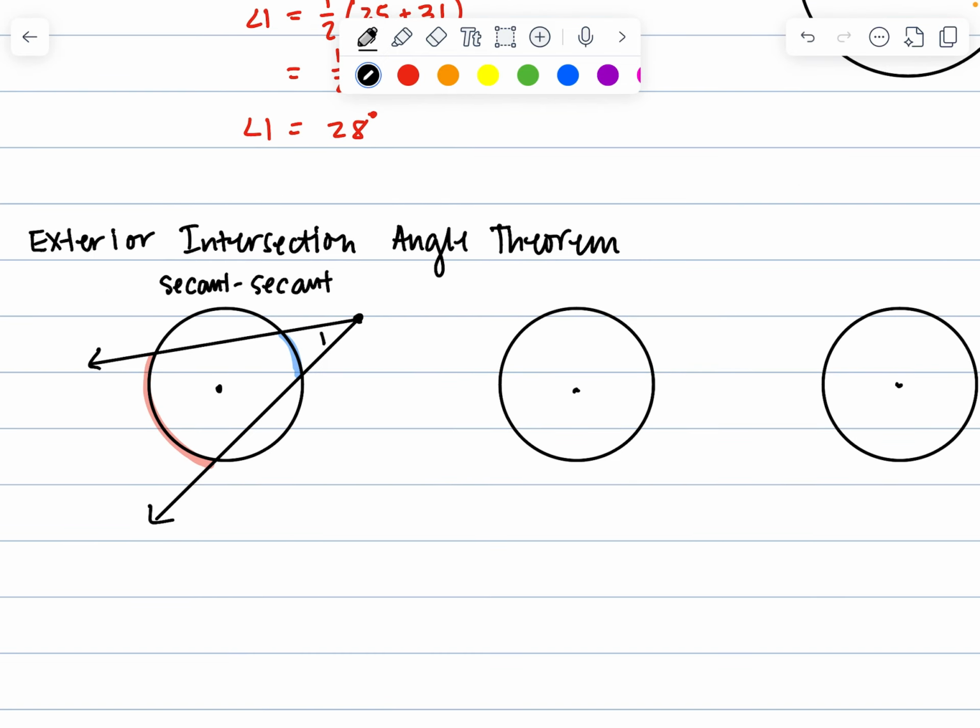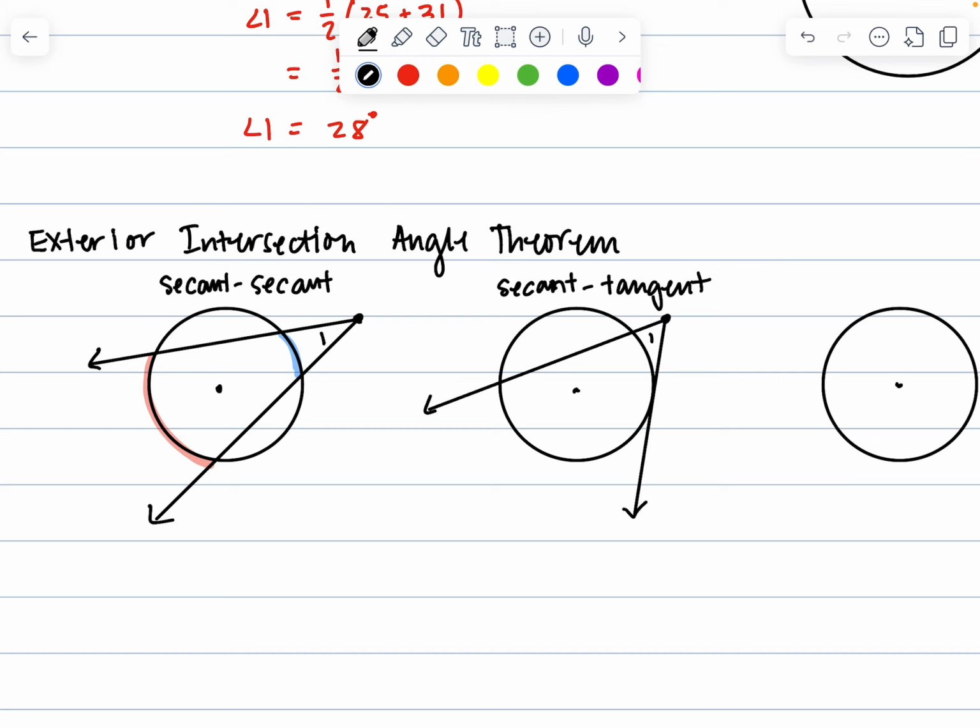We could also have secant-tangent, which is exactly what it sounds like. We could have a line that is tangent and another that is secant.